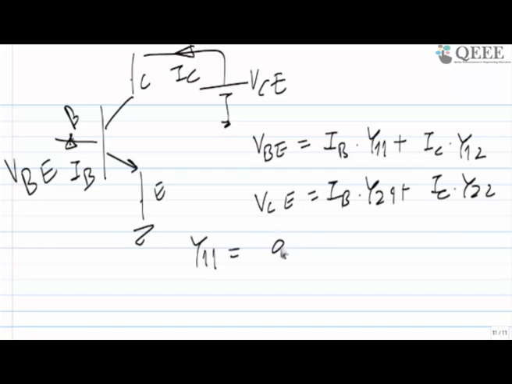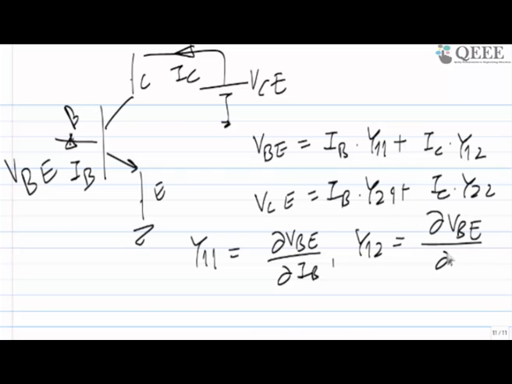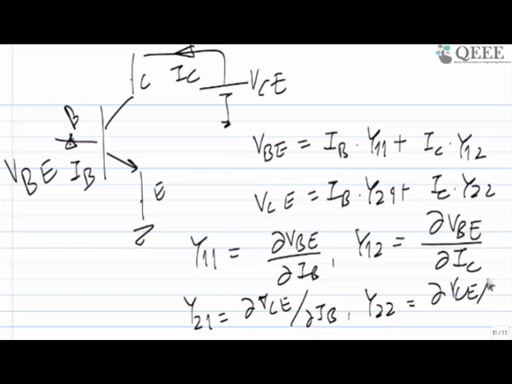Y11 is equal to del VB by del IB. Y12 is equal to del VB by del IC. And Y21 is equal to del VC by del IB, and Y22 is equal to del VC by del IC.